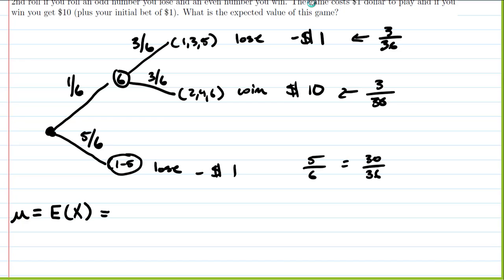So our probability of winning is 3 over 36. Our probability of losing is 33 over 36. So now our expected value then, so our probability of losing is 3 over 36 plus 30 over 36, which is 33 over 36, which is 11 over 12.